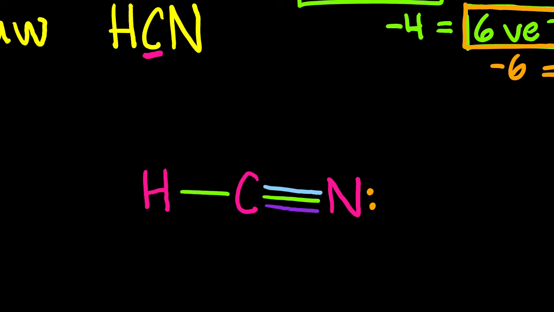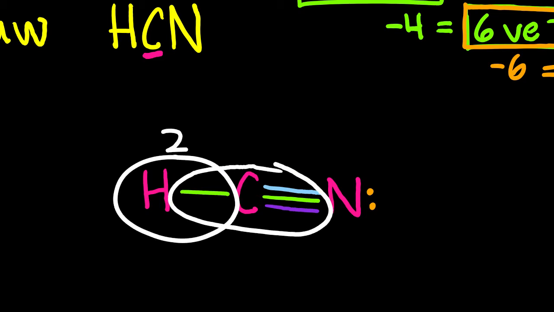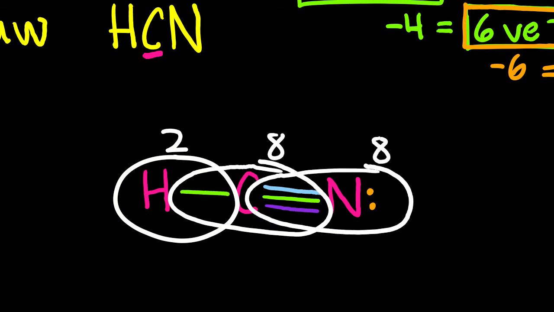And everybody has the set that it prefers for stability's sake. So, hydrogen has 2, carbon has 8, and nitrogen has 8.